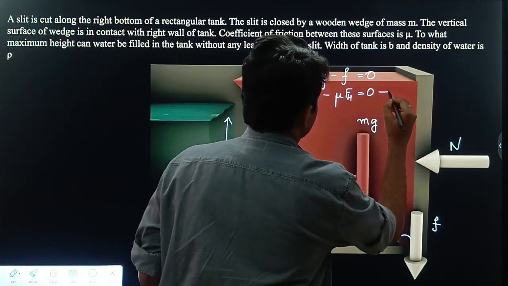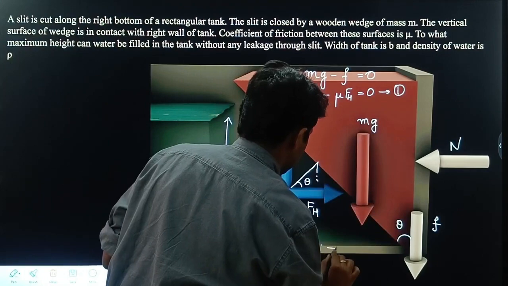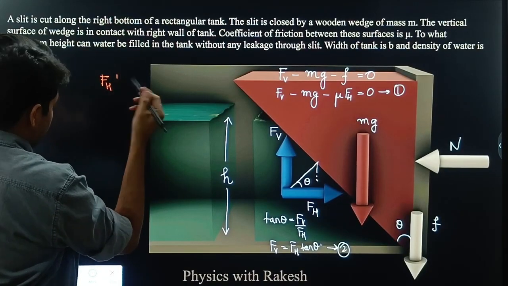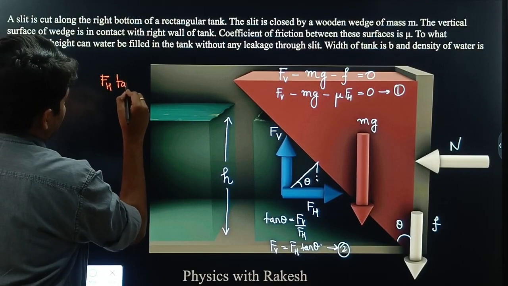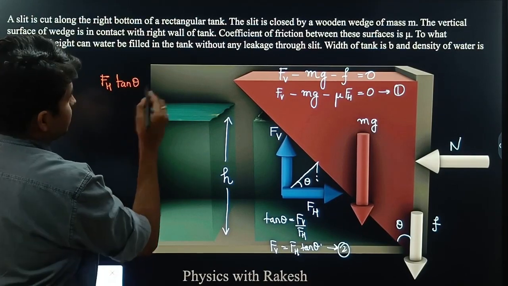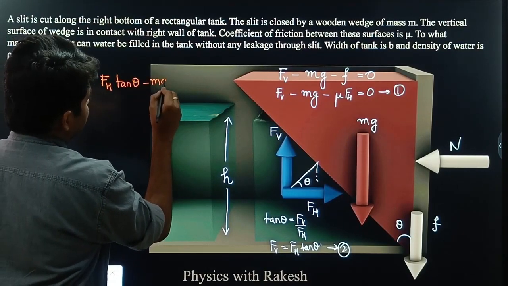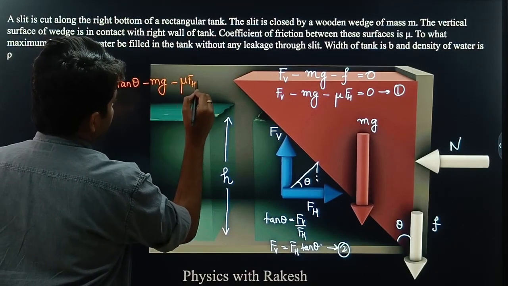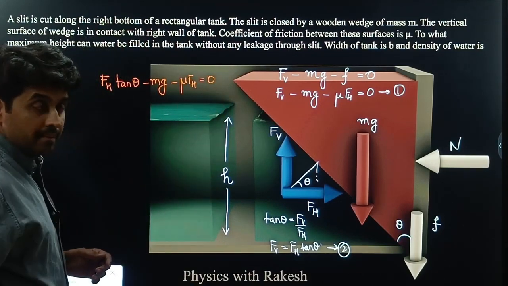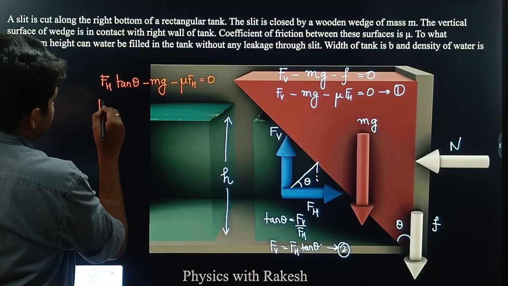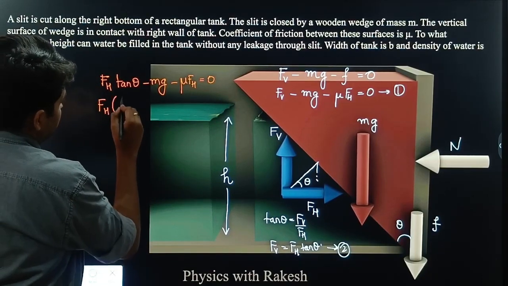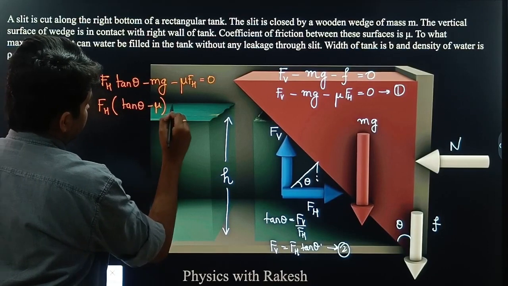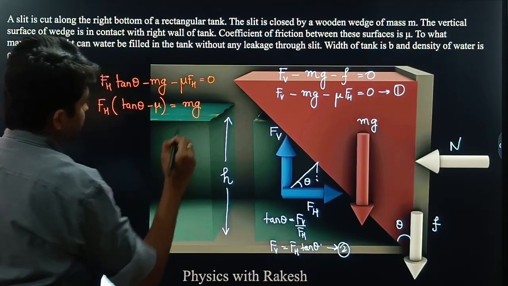So this is 1 and this is 2. Fh tan theta minus mg minus mu Fh equal to 0. Now I'll take out this Fh: Fh times tan theta minus mu equals mg.